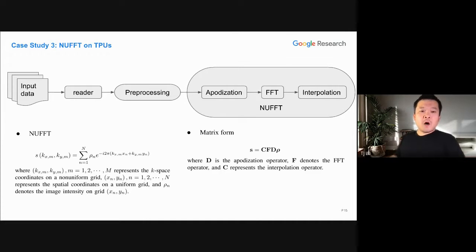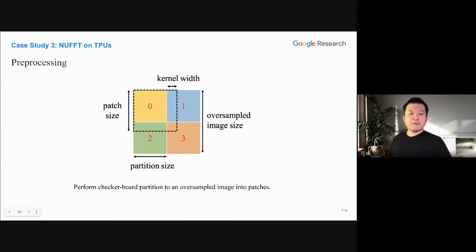Let's see how we can distribute the computation of NUFT on TPUs. For parallel computation, we need a partition. The figure on this slide shows the partition of a 2D image into patches. We, on purpose, leave an overlap of the size of the kernel width. The kernel is used in both apodization and interpolation.